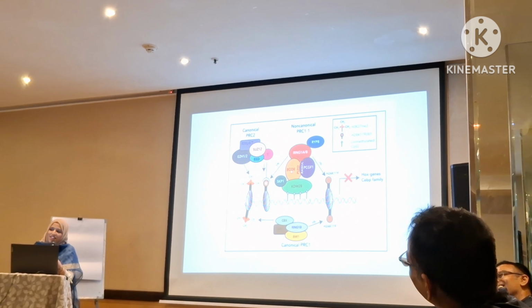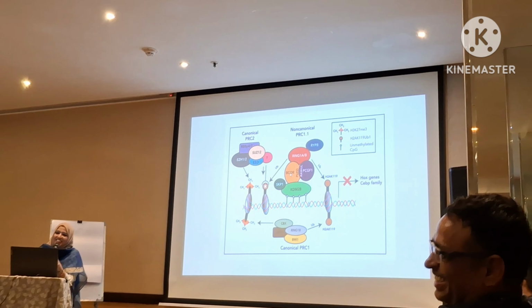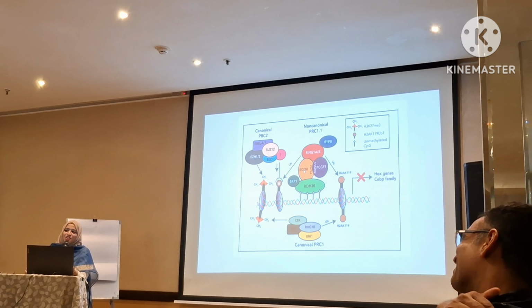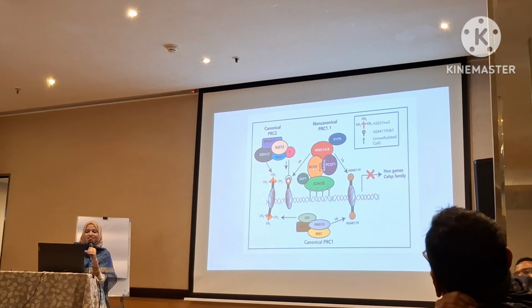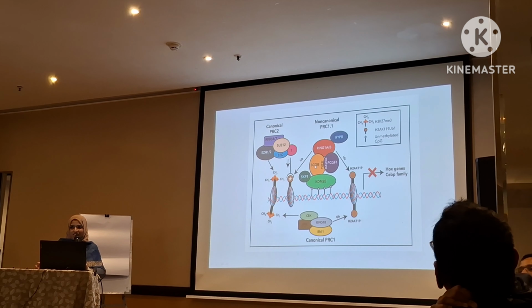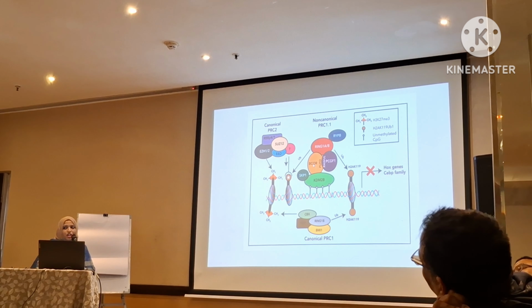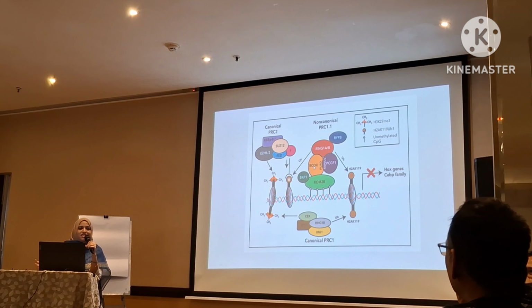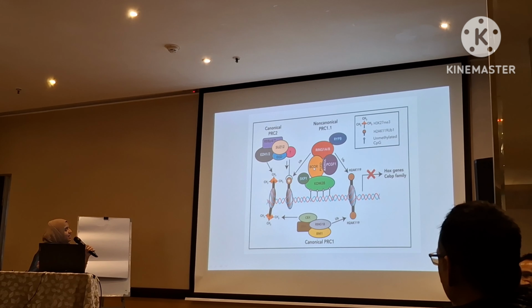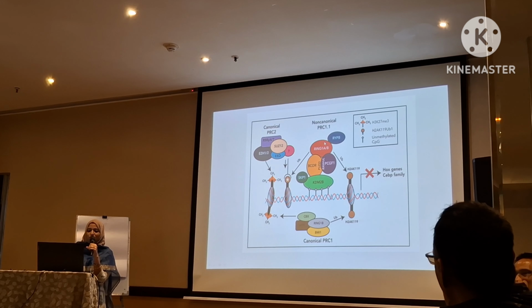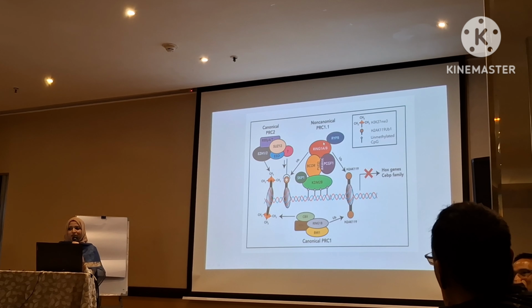The process of suppressing gene transcription is called repression, for which we have a few complexes in our body called repressor complexes. In mammals, it is named PRC, the polycomb repressor complex.